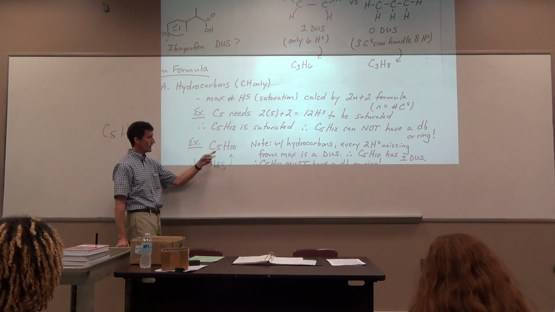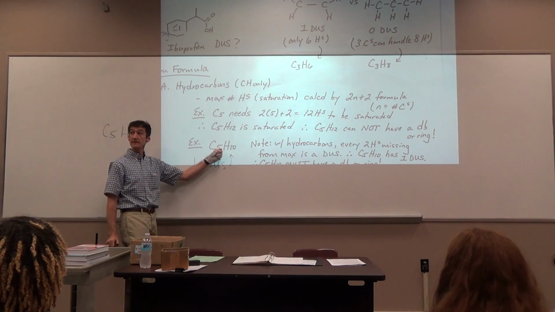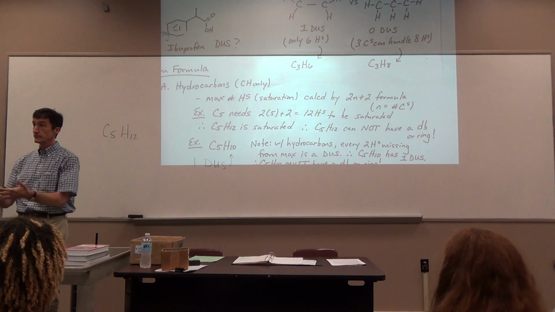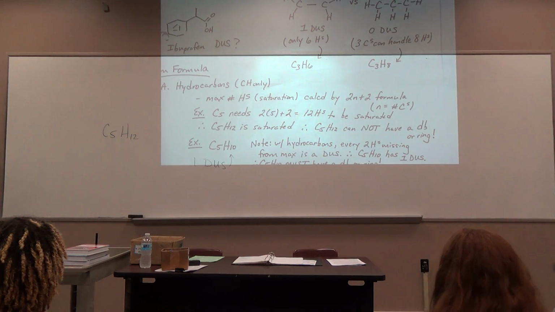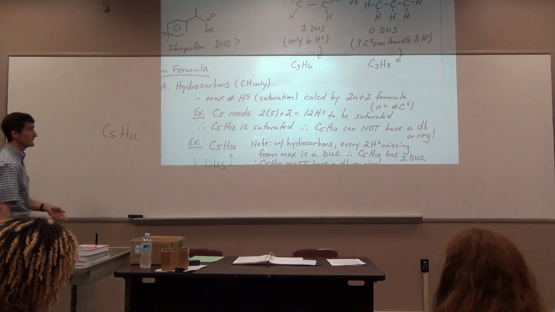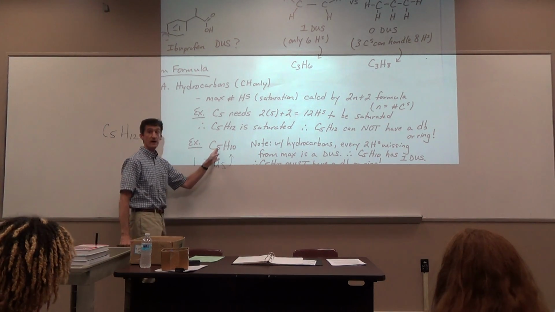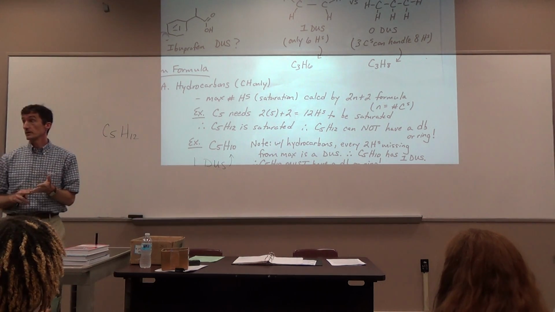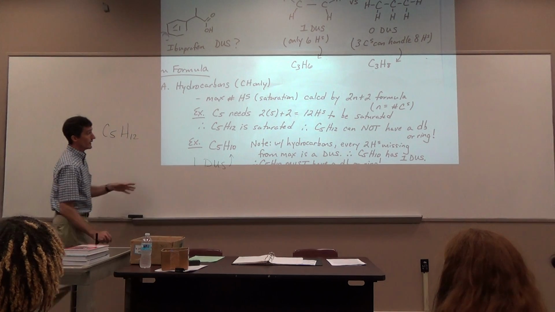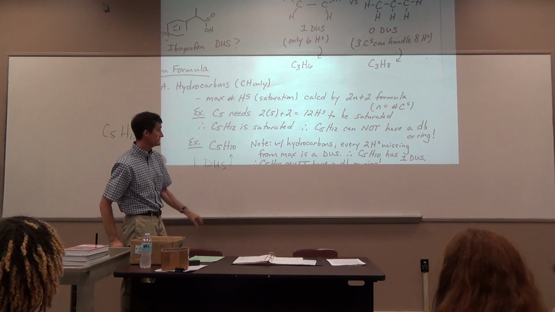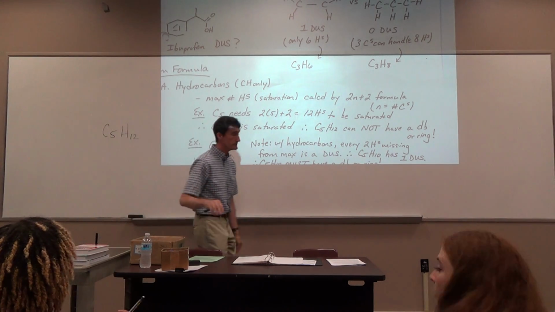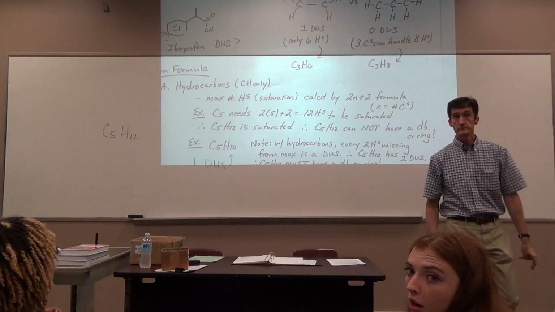Now that's powerful because we know this compound is going to have an element of unsaturation. It's either going to have 1 pi bond or 1 ring. It's got to. If it doesn't have a pi bond or 1 ring, it isn't going to have the right formula. It won't be C5H10. Professor, what if you're three short?